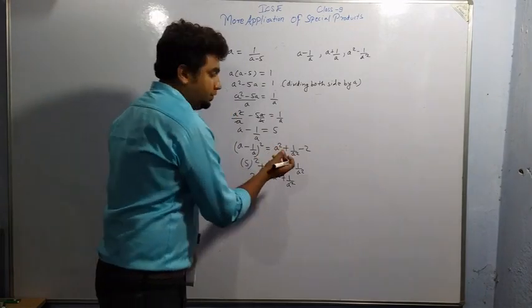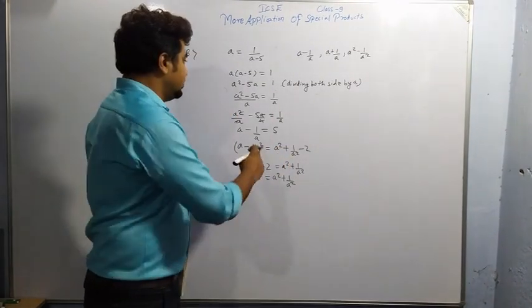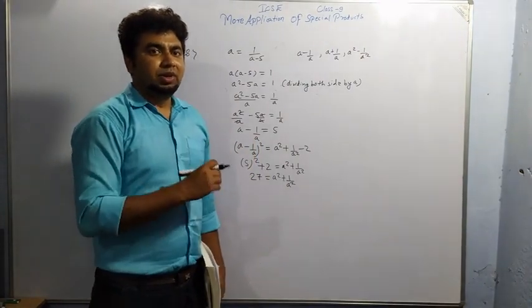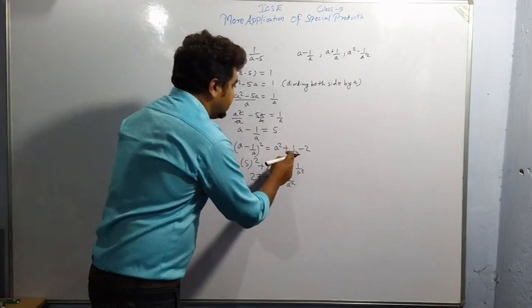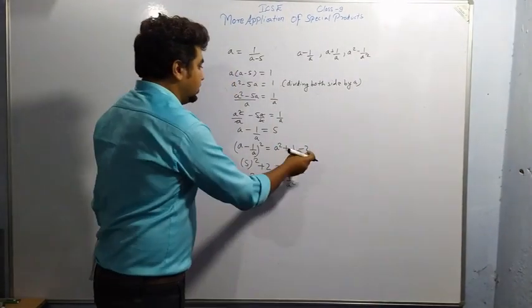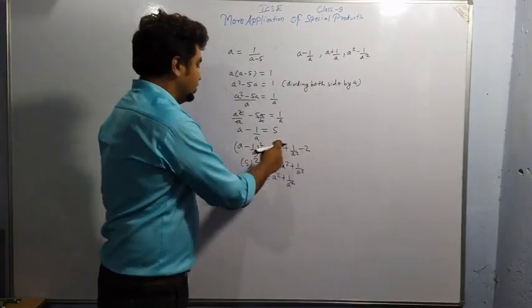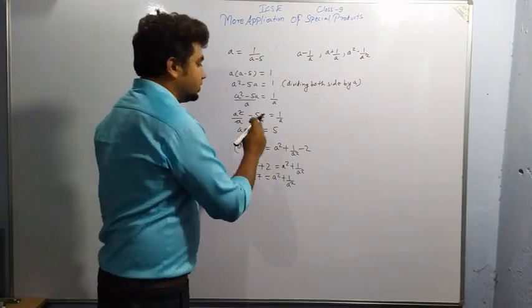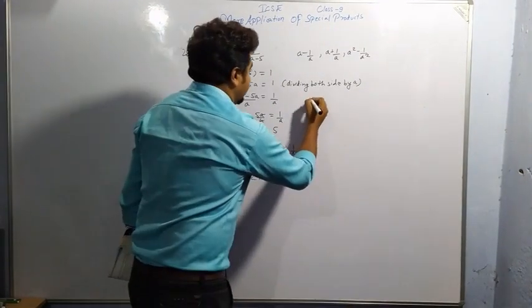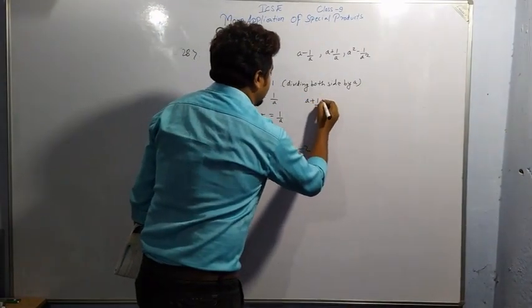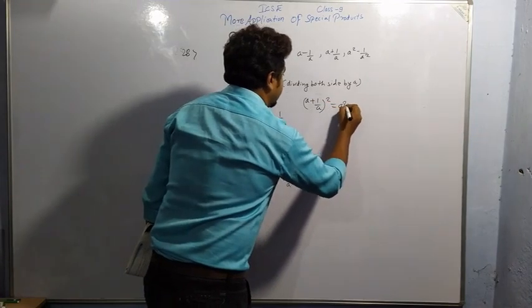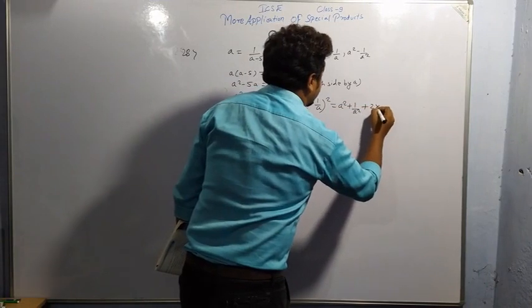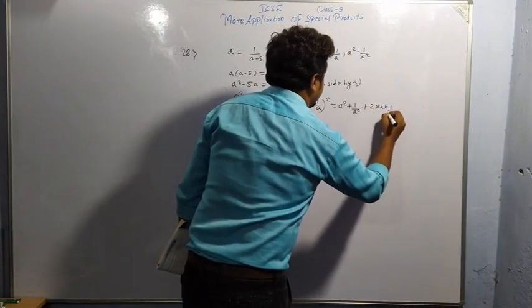Why have I tried to find this value? Because in the formula of a minus 1 by a whole square and in the formula of a plus 1 by a whole square, the a square plus 1 by a square term is common. The only thing changing is minus 2 in the case of a minus 1 by a and plus 2 in the case of a plus 1 by a. So we'll write here a plus 1 by a whole square is equal to a square plus 1 by a square plus 2 into a into 1 by a.